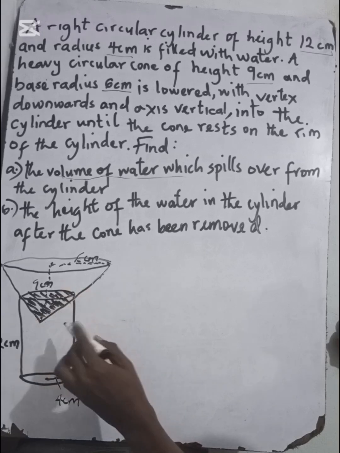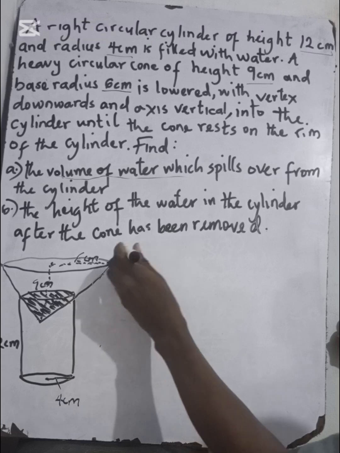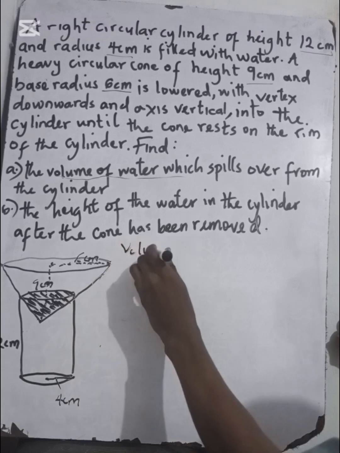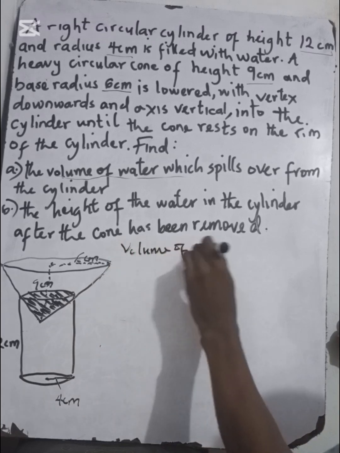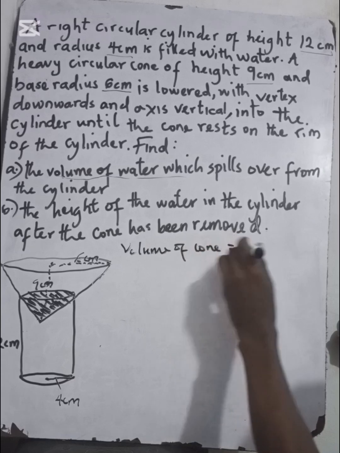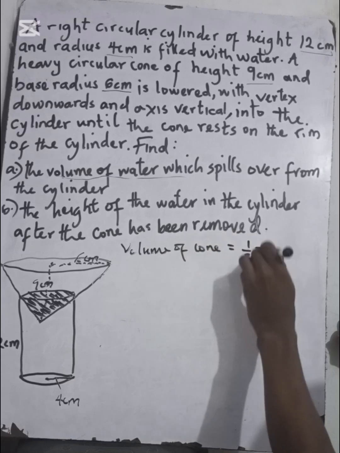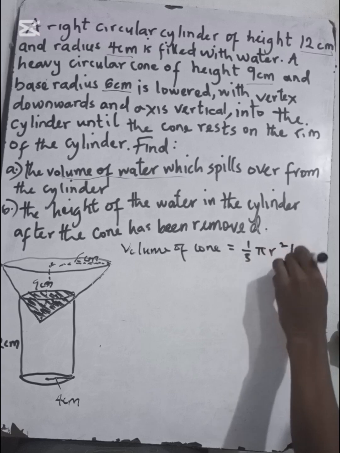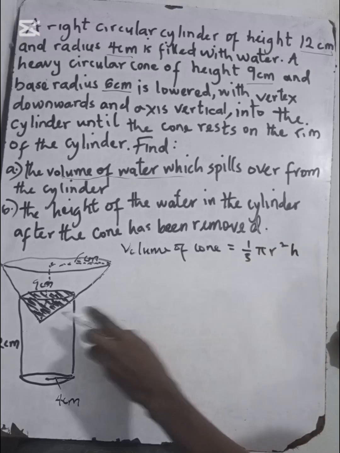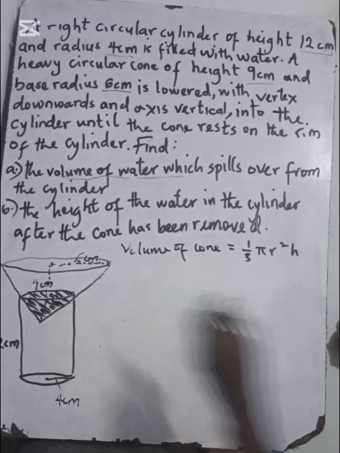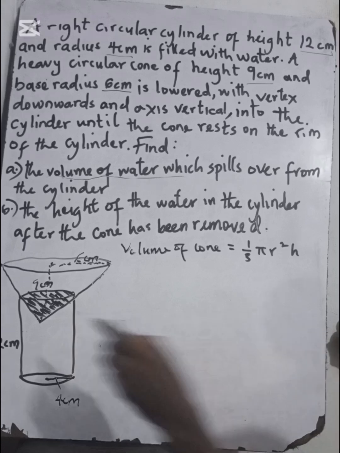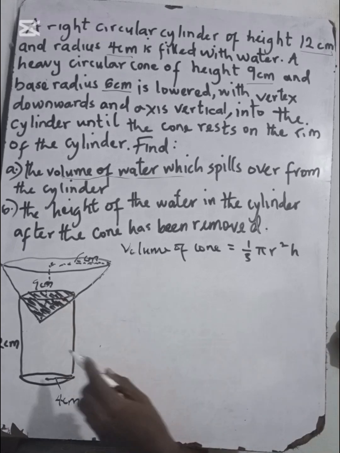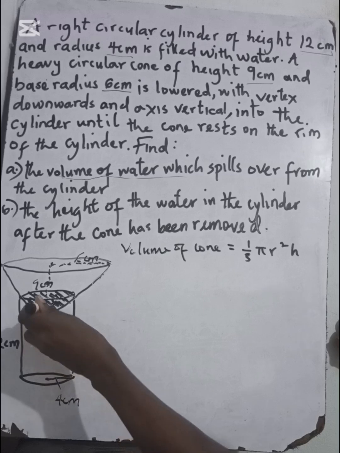To find the volume of the cone, we need the formula volume of cone, which is 1/3 pi r squared height. So we need the height of this little cone. This is the height we needed.